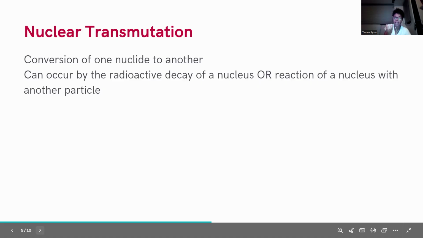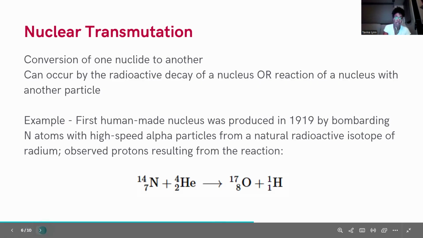Because a nuclide is not necessarily being changed, it's actually being converted to some new form. Nuclear transmutation can occur by radioactive decay of a nucleus, or it can react with the nucleus of another particle. So we're going to look at these two types of nuclear transmutations next.